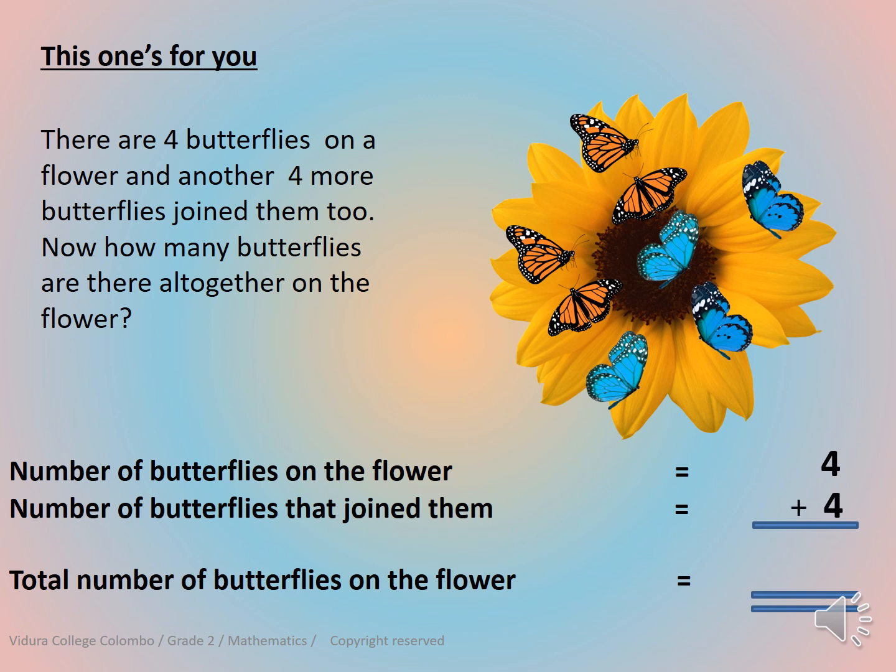Another 4 butterflies. Now let's find out the answer. Total number of butterflies on the flower. How many butterflies are there altogether now? We have to add 4 and 4. The answer is 8.